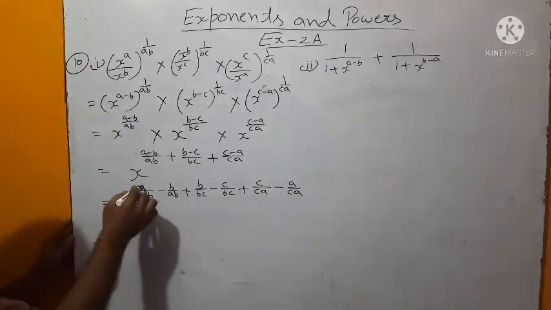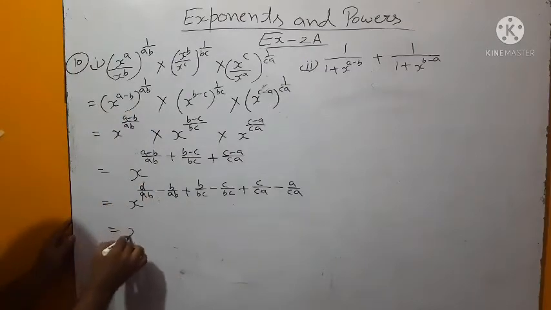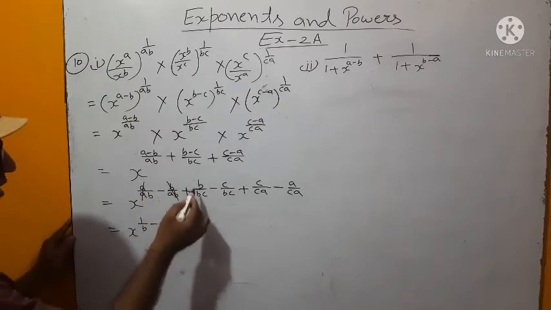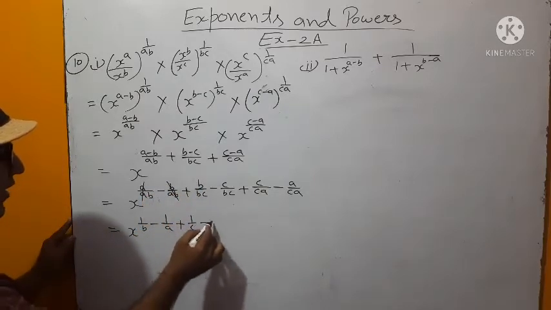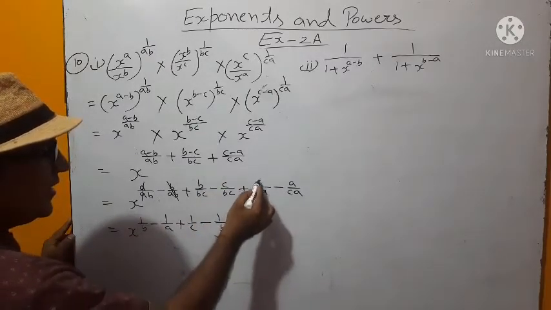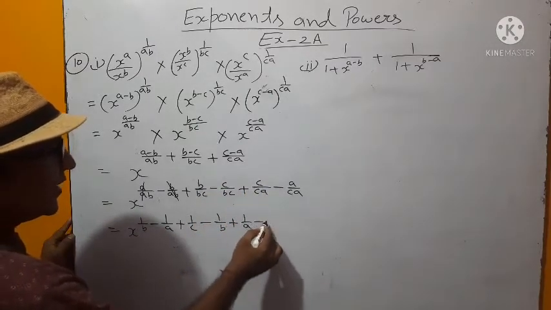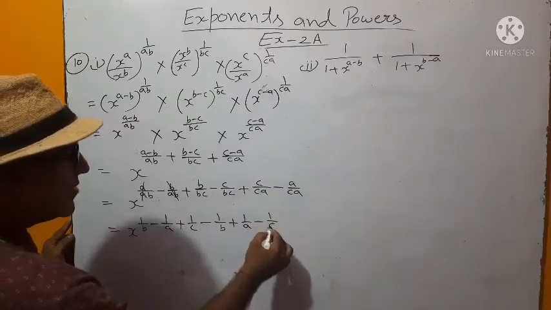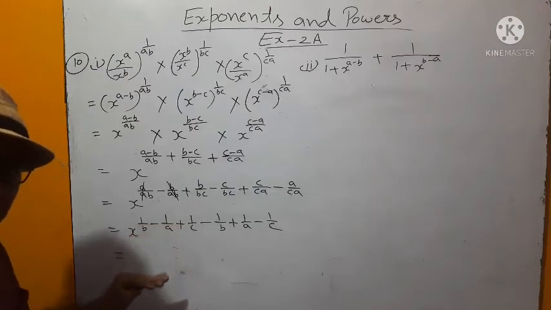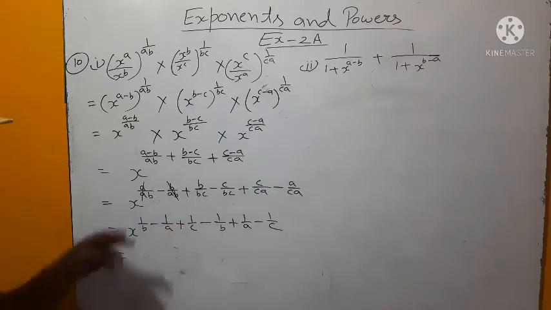Now watch. A upon a cancel, 1 upon b. B cancel, 1 upon a. B cancel, 1 upon c. Cancel, 1 upon b. C cancel, 1 upon a. Cancel, 1 upon c. In this case, your steps will be reduced. If you do this method, then your steps will be reduced.